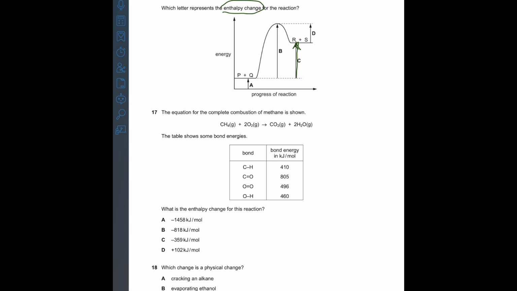Why? Because the products have more energy than the reactants. But even if exothermic, from the reactants to the products, that's the enthalpy change. Remember this. So the answer will be C. And for the activation energy, that will be from the reactants to the peak. That will be B. But B is the activation energy, not the enthalpy change.